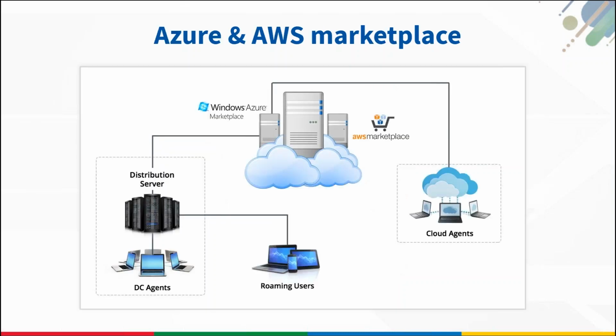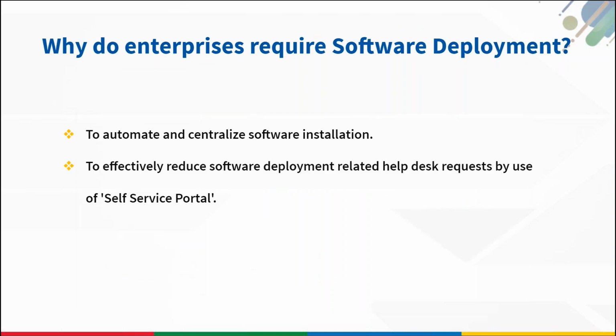As I said, we are available on Azure and AWS Marketplace, and you can use this if you have too many roaming users. Now, why do enterprises require software deployment? When you have a big network, you cannot handle the installation and uninstallation of software applications on all the computers manually.